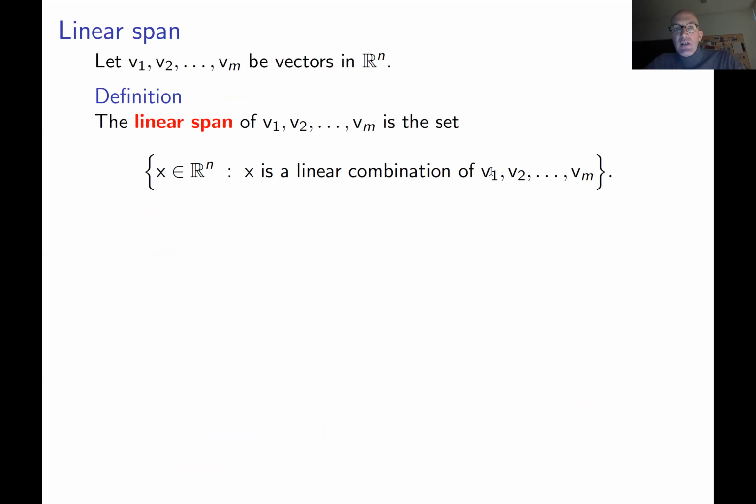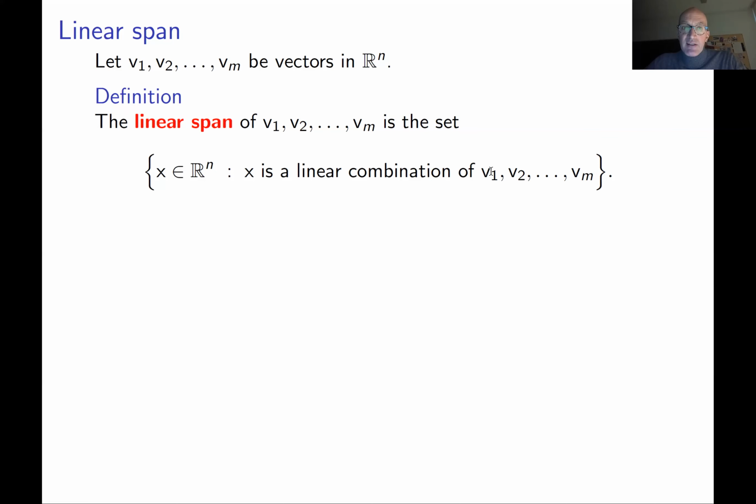And now we are ready to give the first, in my opinion, important notion or terminology of this lecture, it's linear span. If you have m vectors in n-dimensional space, let them be v1, v2, ..., vm, by definition, the linear span is the set of all possible linear combinations of these vectors.